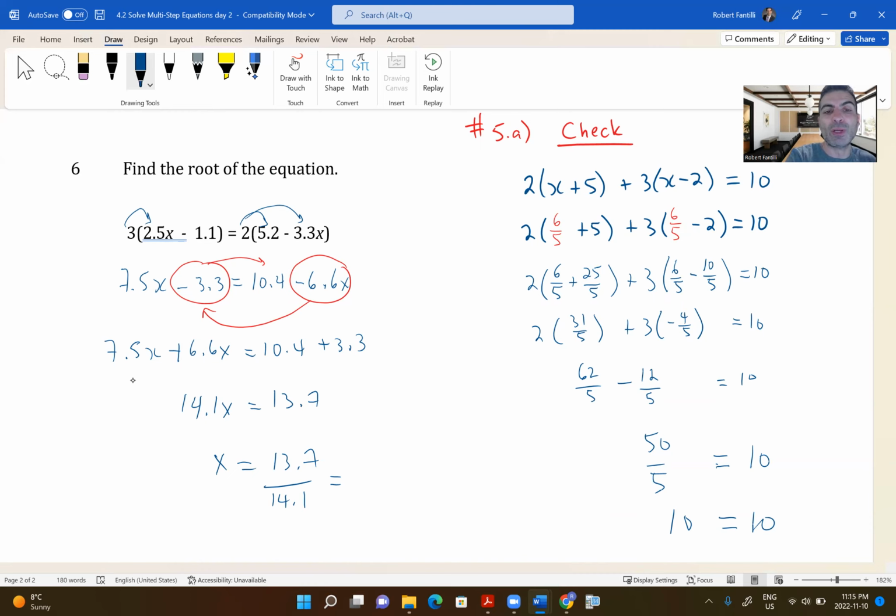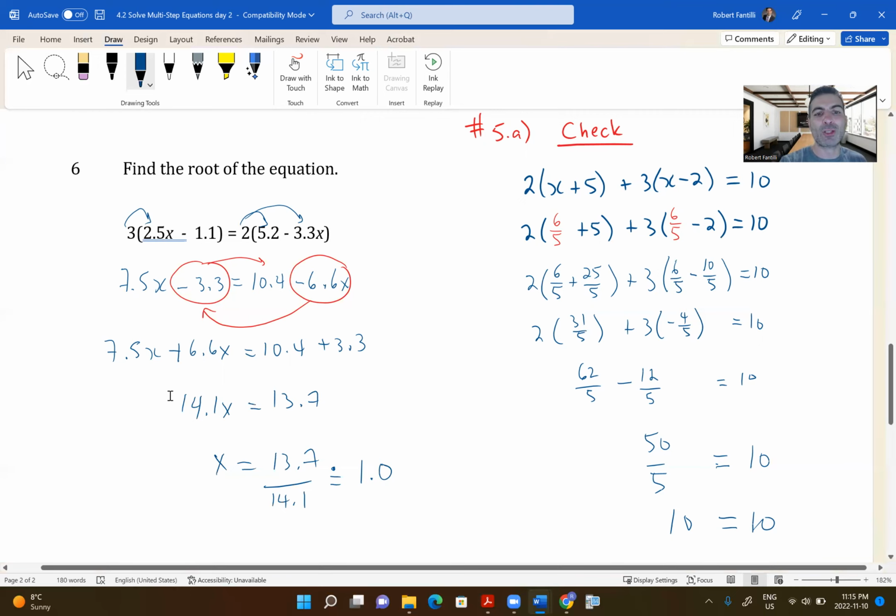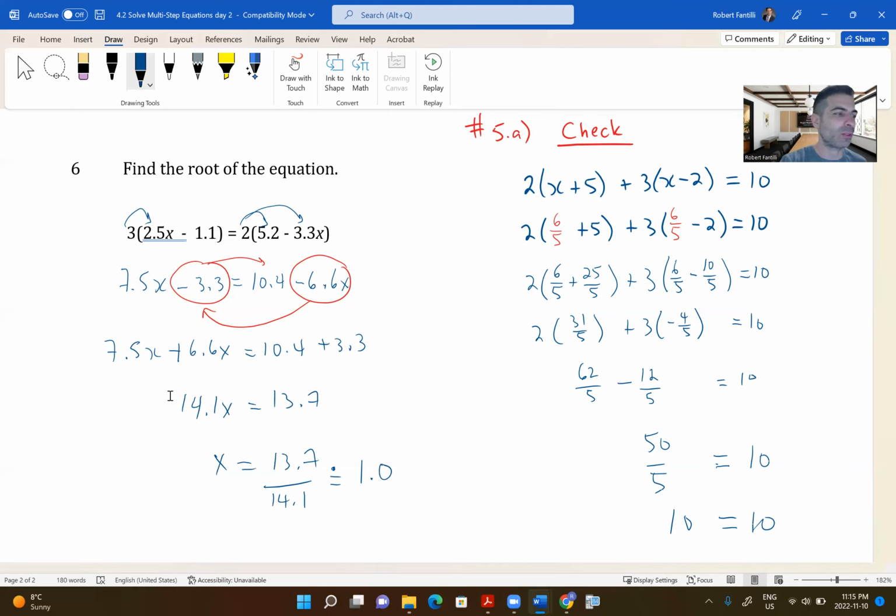If you divide 13.7 by 14.1 and round to the nearest tenth, in this case it's about 1.0. How do you show about in math? Just put a dot above the equal sign. Now, if you're doing a question on a test like that, normally it says round answers to one decimal place. If you're not sure, you can put 13.7 divided by 14.1 or about 1.0. That's fine as well. That's how it is rounded to the nearest tenth.